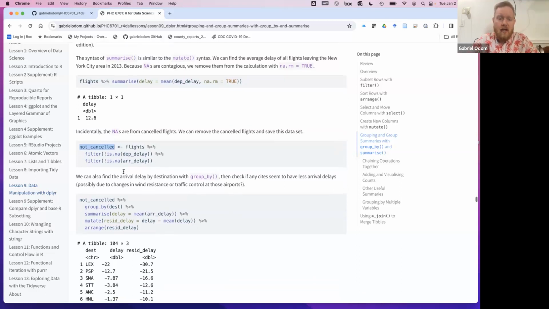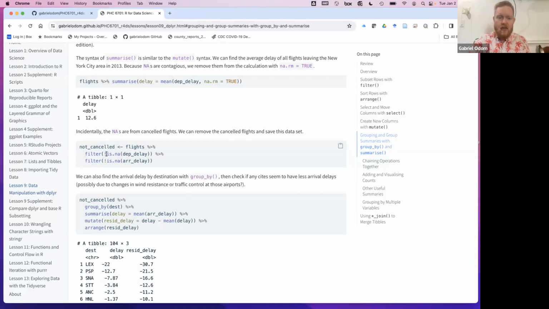So we create a data set. We say, give me the flights data set, and then filter to all of the rows where is.na, i.e. is missing, where the departure delay is missing, is not true. So this exclamation point is going to reverse that true and false.